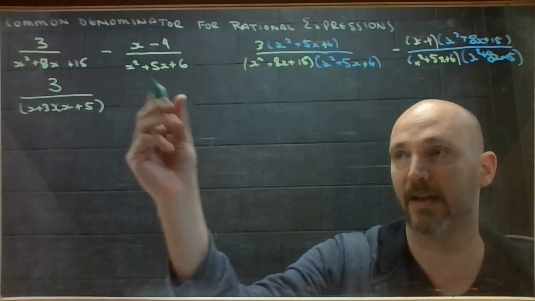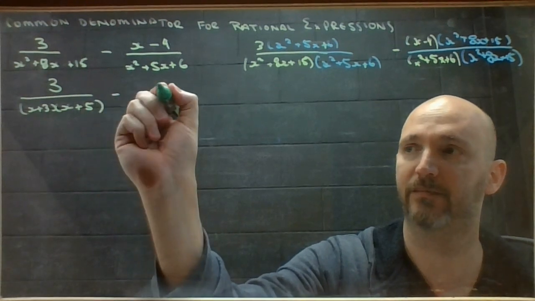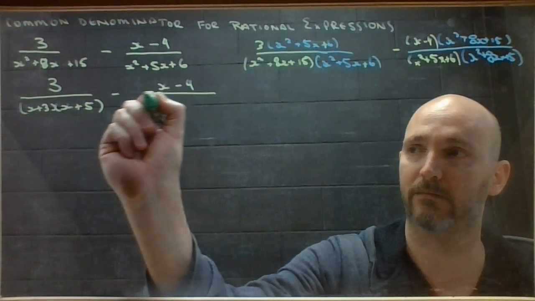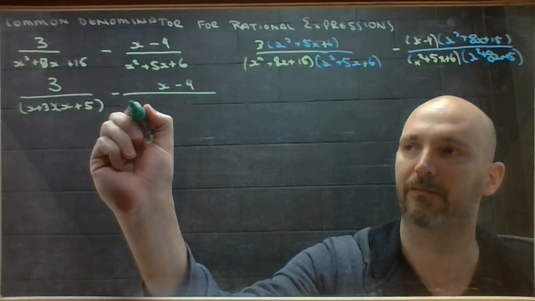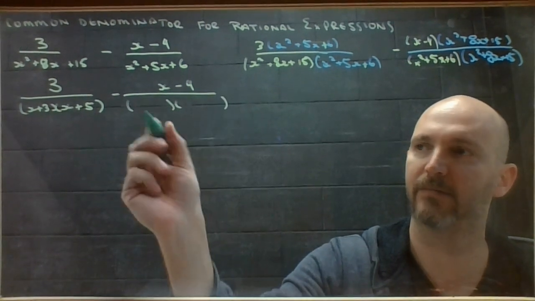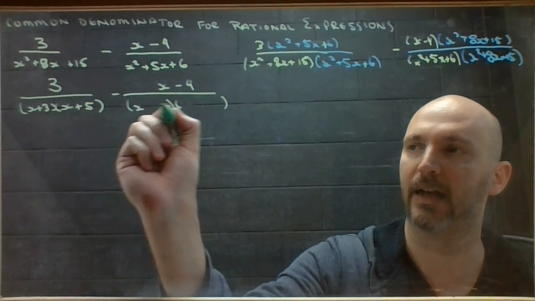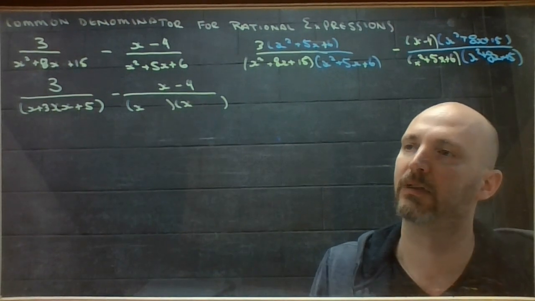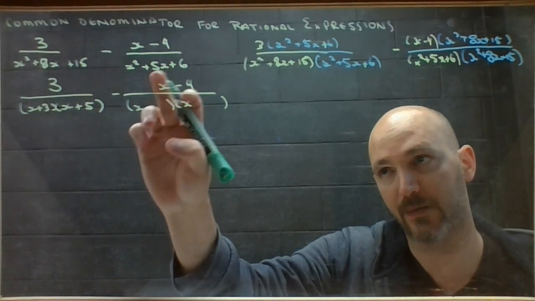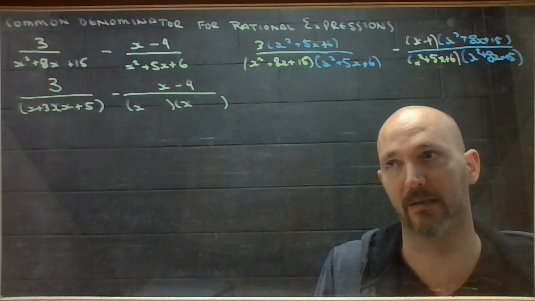I'm going to try and do the same thing to the second one. Two brackets. I need an x in each. And I need a pair of numbers that add to 5 and multiply to 6.